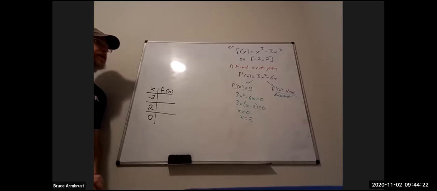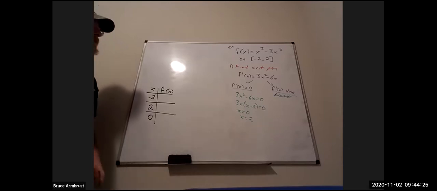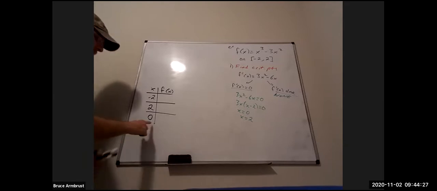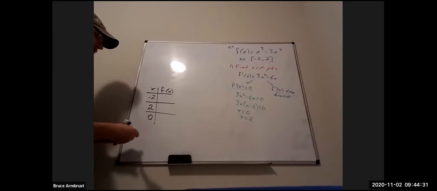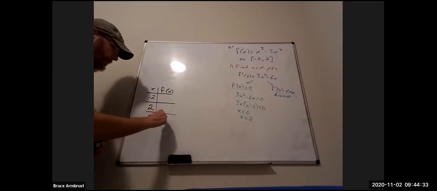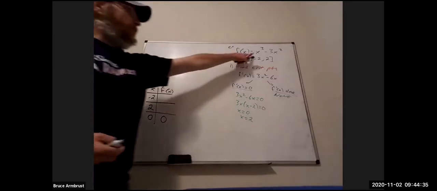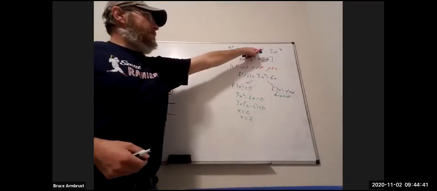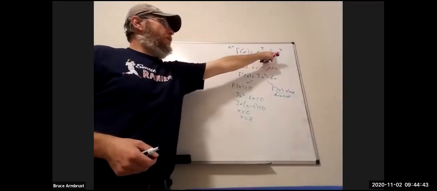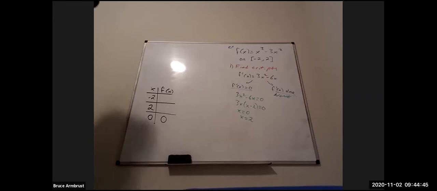All right, so let's see what our y's are equal to in these various places. The 0 is easy. If I plug 0 into the original function, I get 0. Right? 0 cubed minus 3 times 0 squared. The 2, if I plug that in, 2 cubed is 8. 2 squared is 4.